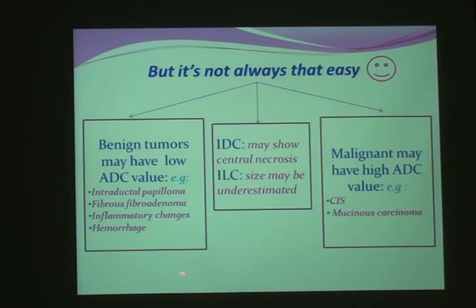Inflammatory changes as well, as we said before, are another cause of restricted diffusion, within the cells this time. And intraductal adenoma is a very challenging, problematic lesion, because sadly it cannot be reliably differentiated as benign or malignant on conventional MRI, dynamic contrast MRI, or even diffusion. It's really a dilemma, this little problem.